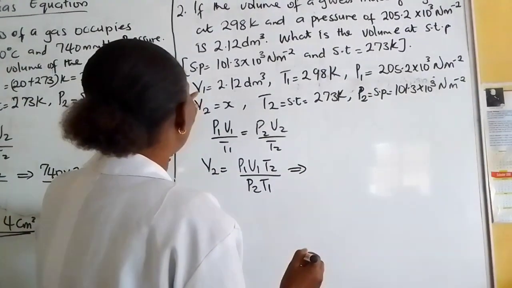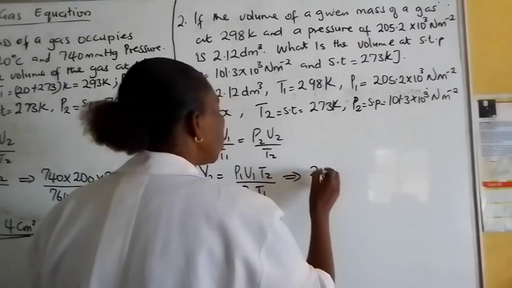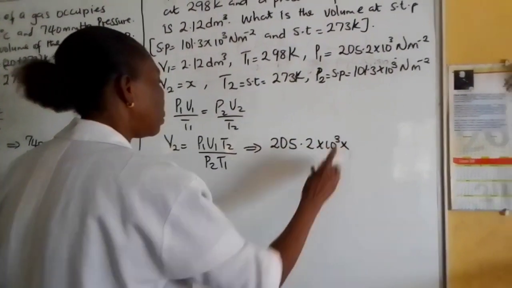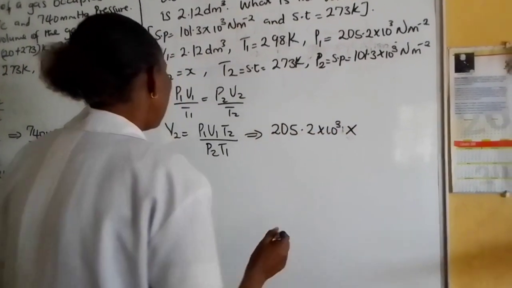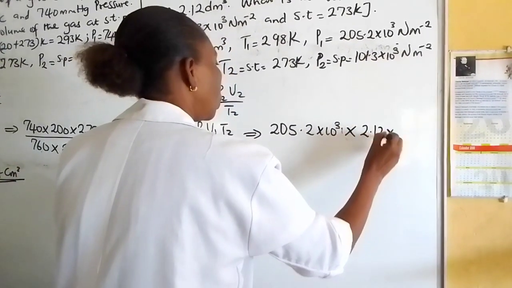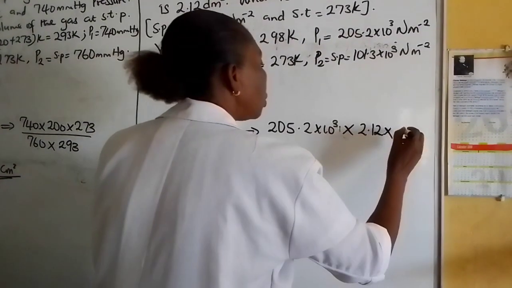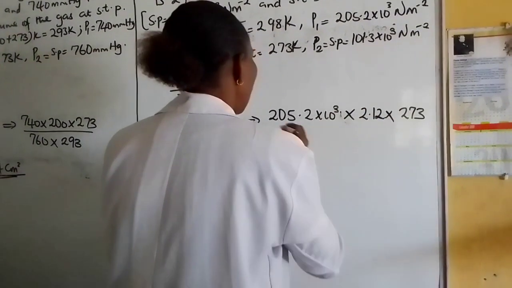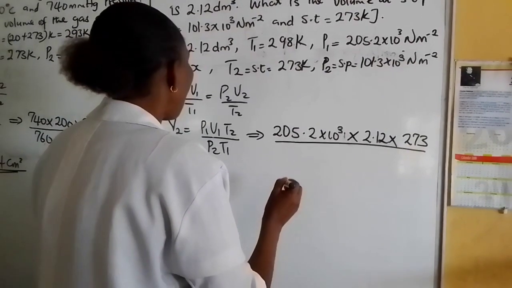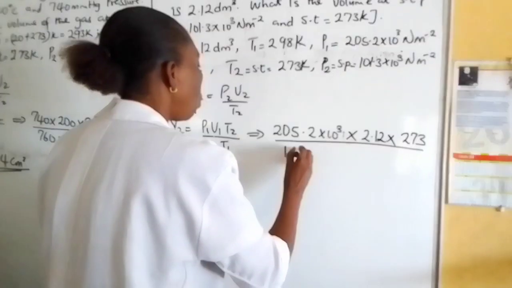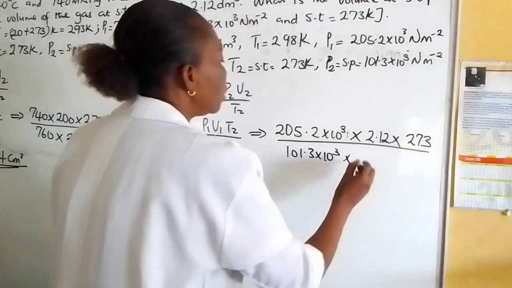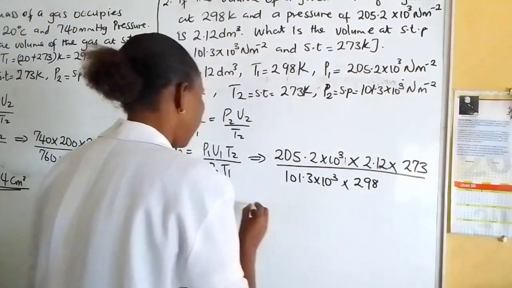Our P1 is 205.2 times 10 raised to power 3, V1 is 2.12, while our T2 is 273, all divided by our P2, which is 101.3 times 10 raised to power 3, times T1, which is 298.